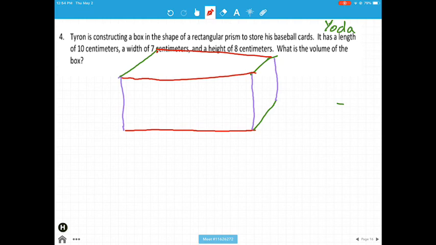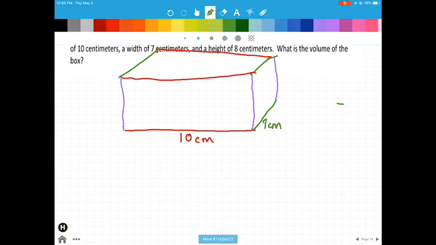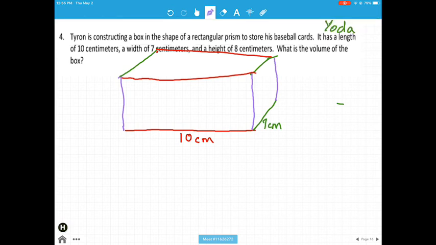We have 10 centimeters here, we have 7 centimeters here, and we have 8 centimeters here. What is the volume?